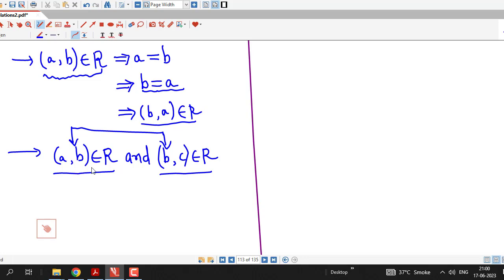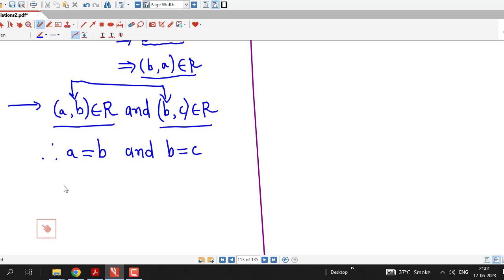Now suppose A is related to B and B is related to C, then by the definition of the given relation we have A equal to B and B equal to C. Therefore we can write that A and C are equal because we can put B equal to C here, and if A and C are equal we have the ordered pair (A, C) belongs to R. So whenever A is related to B and B related to C, we have A related to C.